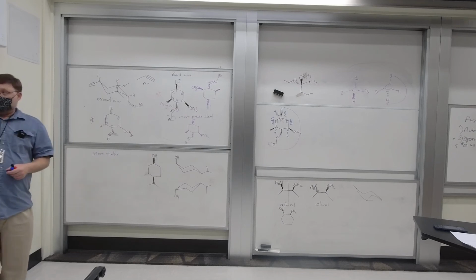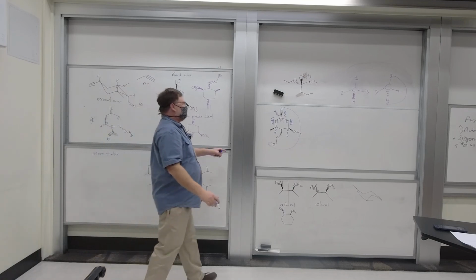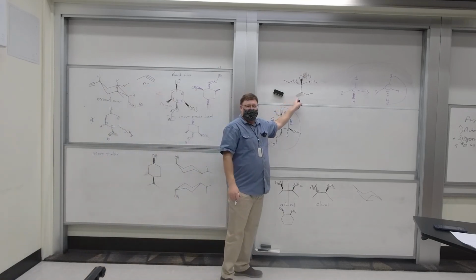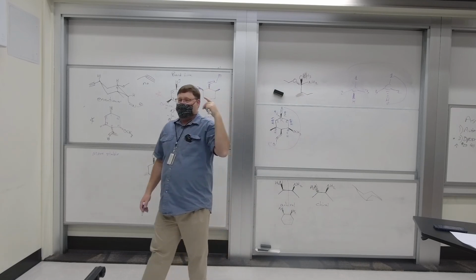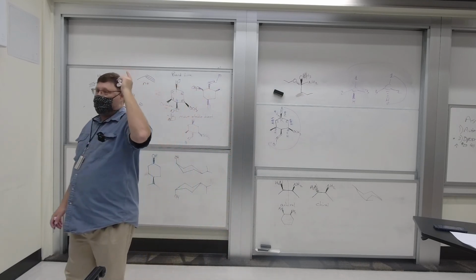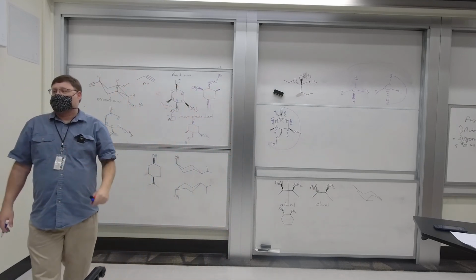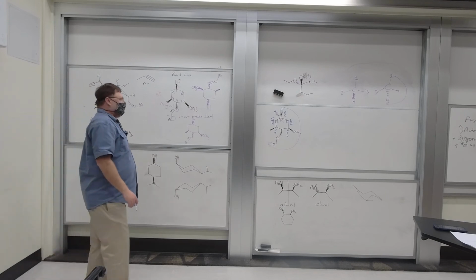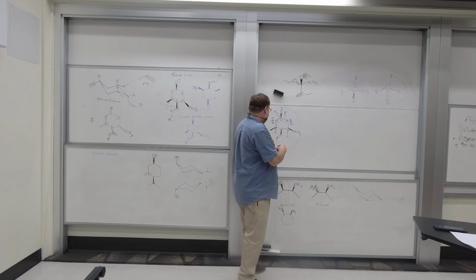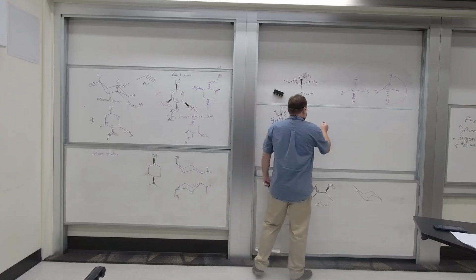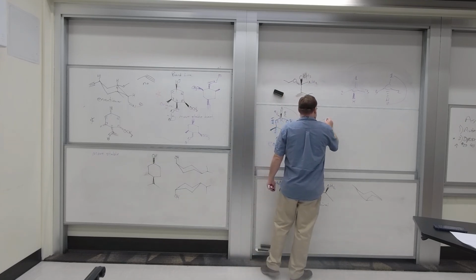The big question is, what if 4 is neither towards you or away from you? It's to the side, it's down, it's up. You're going to have to redraw something. Everybody seemed to follow that one. I'm going to redraw this molecule.